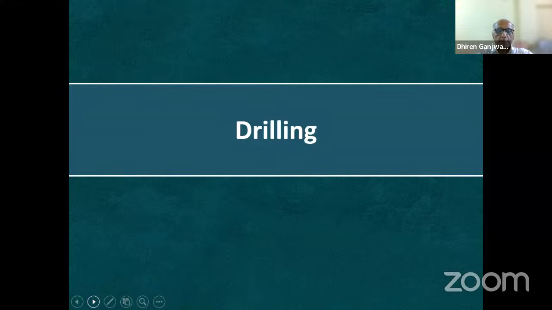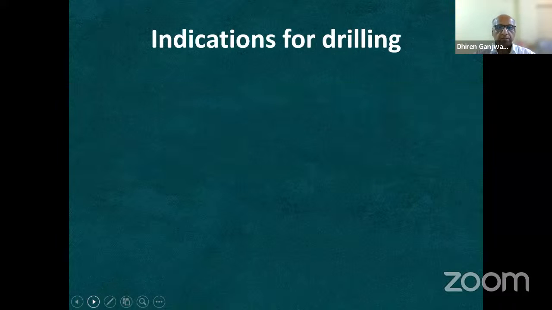Now, in some of the patients, we have to go for a surgical line of treatment. The most important surgical treatment is drilling. What is the rationale and how it is carried out, we will see with a few pictures. So what are the indications of drilling?